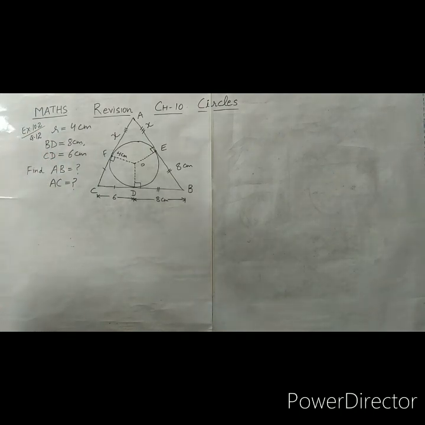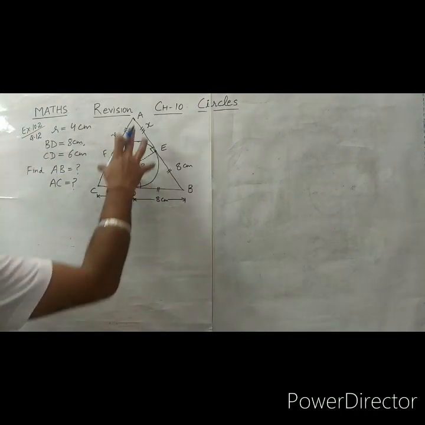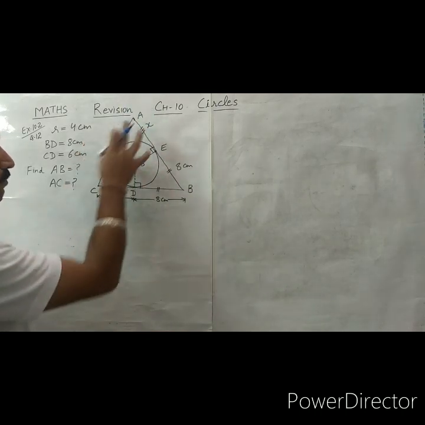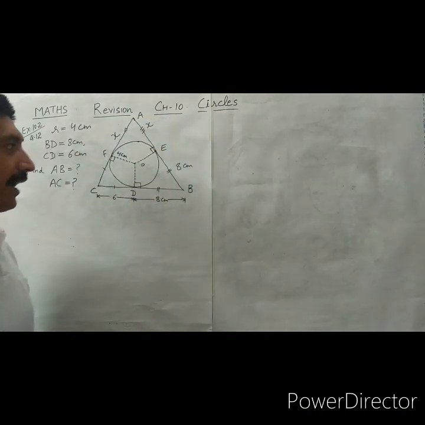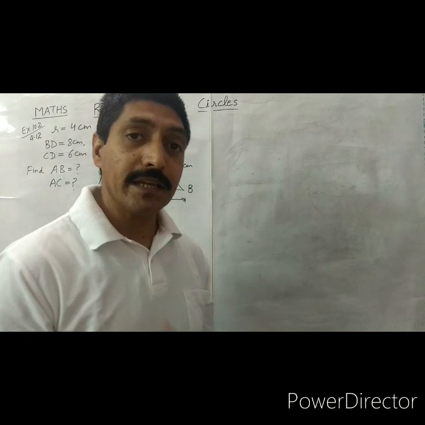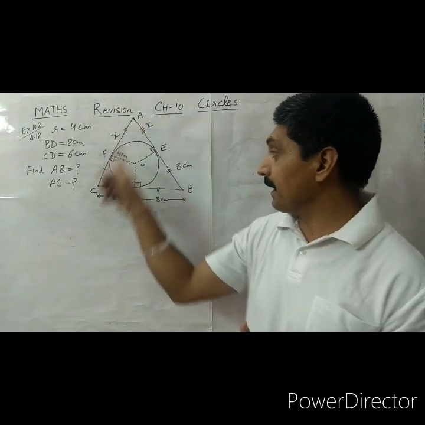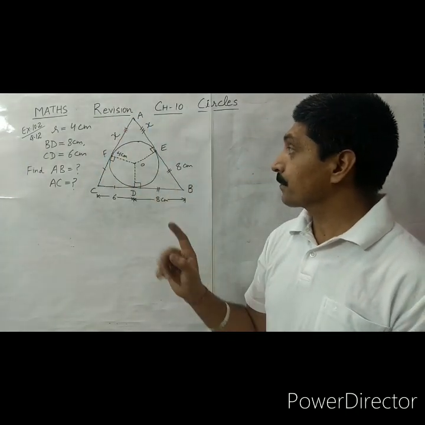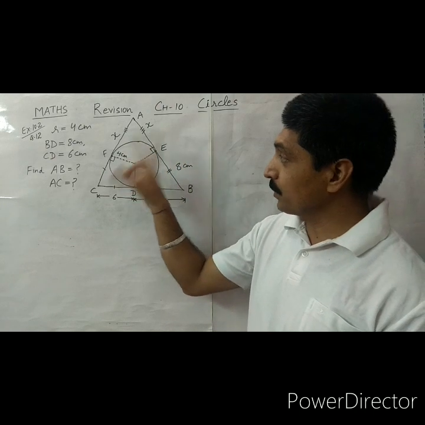Now, how to find the value of x? I will proceed with the area of triangle ABC. I will find the area in two ways.